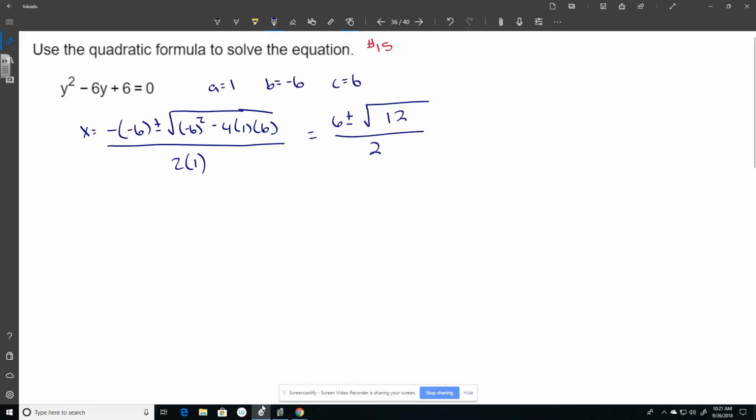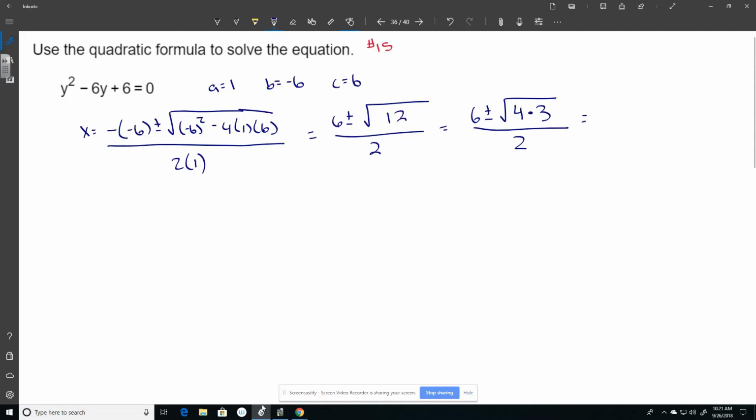I don't know the square root of 12. So depending on how it wants my answer, I'm going to simplify this a little bit more. This becomes 6 plus minus the square root. I'm kind of looking for factors of 12 that I know the square root of. And I know that 12 is actually 4 times 3. And all of that is divided by 2. Because what I want to do is take the square root of parts of these.